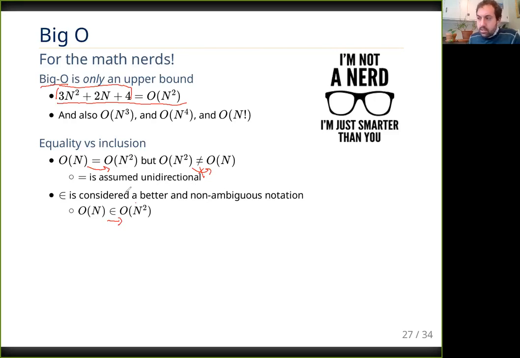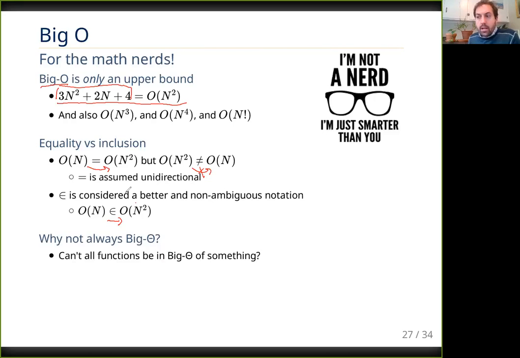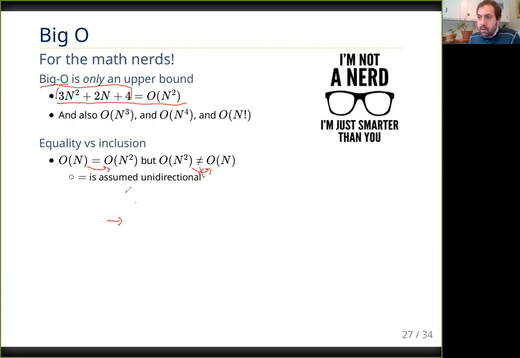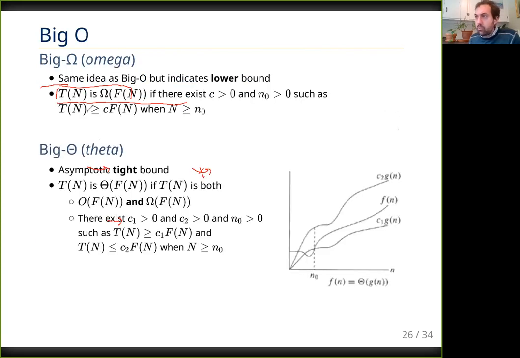And finally, there's a good question here: why can't we always use big theta? So let me go back to this slide. If you remember, go back to the slides on your own and try to remember what we had found for the problem one sum.